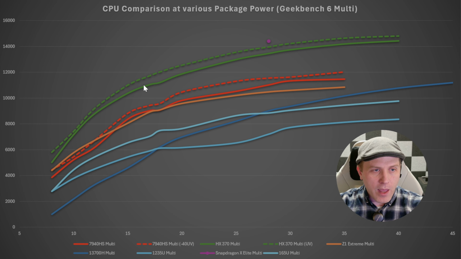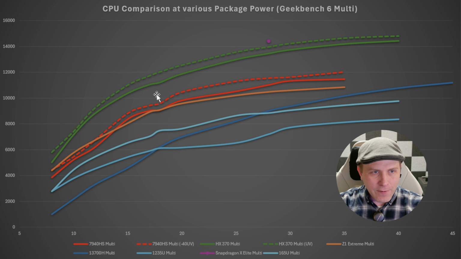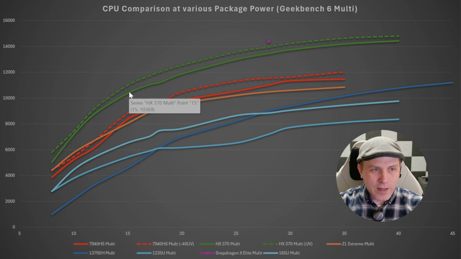And this is actually very cool, because if you look at the green line on the HX 370, at 15 watts, you're getting 10,369, and it would take 30 watts on the 7940HS to get the same performance that you're getting at 15 watts.